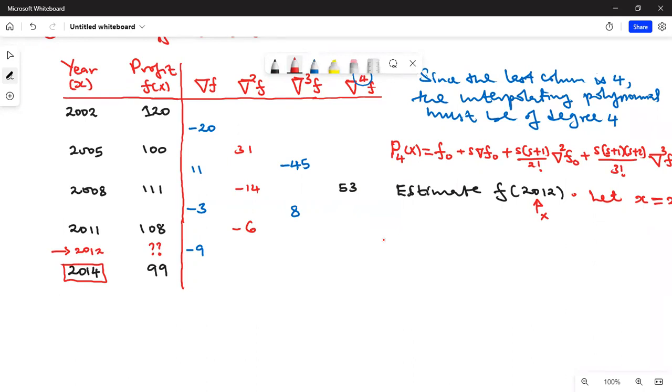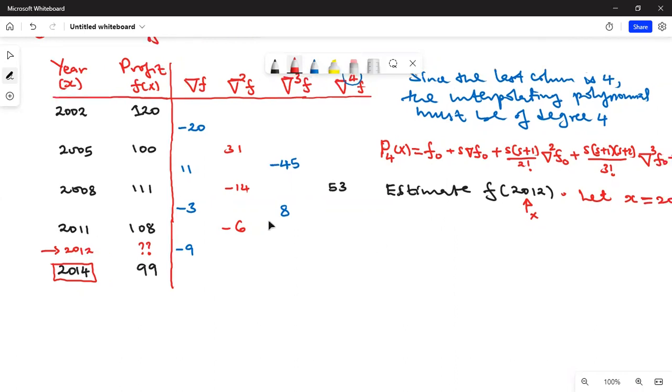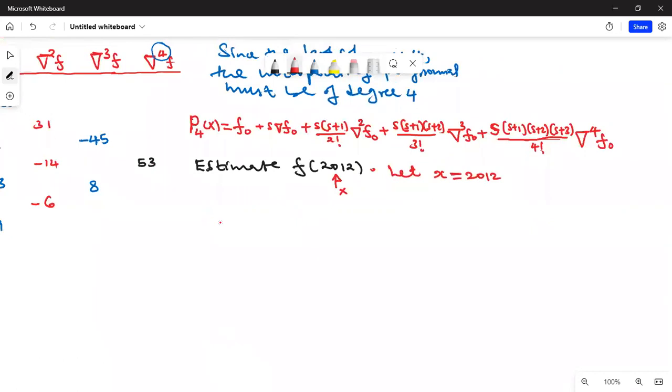In this case, because of backward, it must be a value that is below x in the table. So automatically that will be 2014. Our x naught will be 2014 and our x is 2012. So x naught here is 2014.